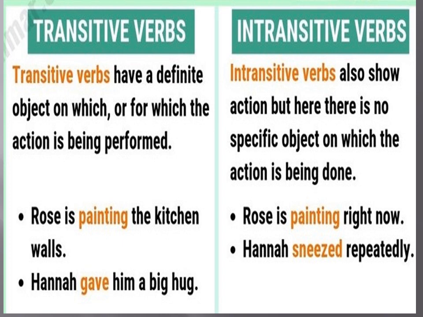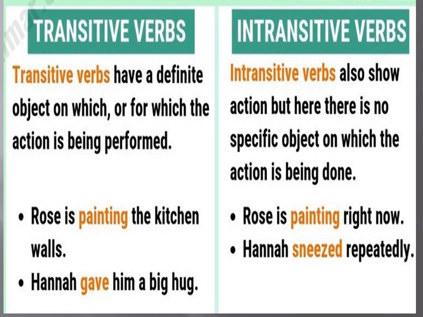Now let's see what transitive verbs are. Transitive verbs have a definite object on which or for which the action is being performed. In simple words, please understand that a transitive verb is a verb that requires an object, which is a noun or a pronoun, to receive the action.